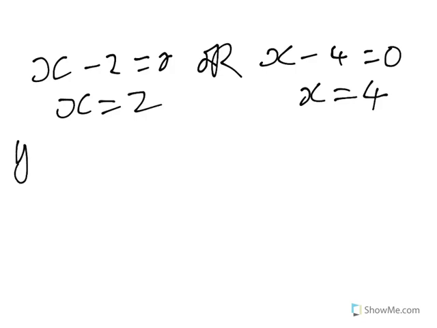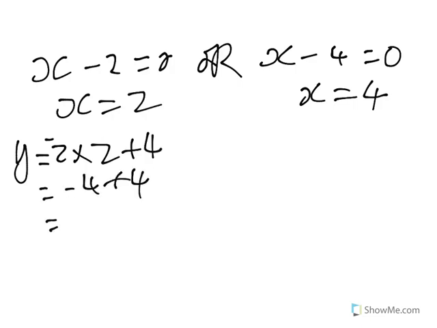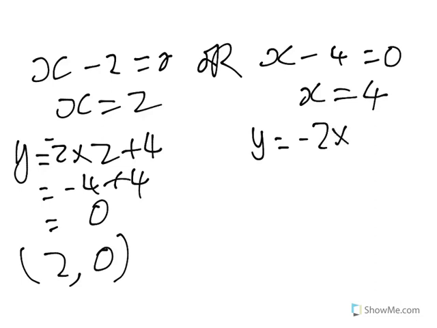So y equals minus 2 times 2 plus 4, which is minus 4 plus 4, so that's 0. So one of the points of intersection is 2 and 0. For the other, y equals minus 2 times 4 plus 4, which is minus 8 plus 4 equals minus 4.